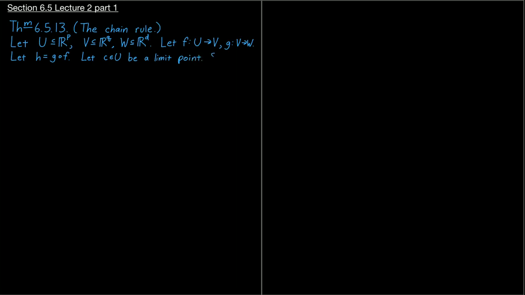And we're going to suppose that F is differentiable at C. That F of C, notice F of C has to be in V by assumption that F maps into V, but we'll assume it is also a limit point.